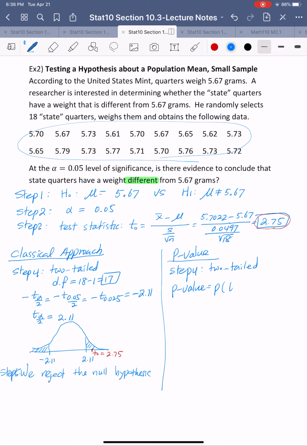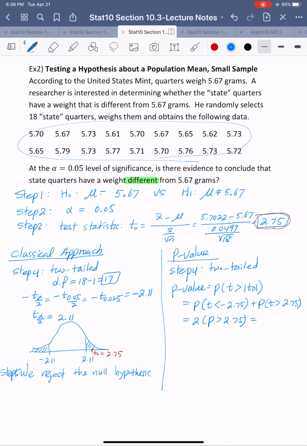So t is greater than the value of t sub 0, right? Which is the same as p of t is less than negative t sub 0, which is 2.75, plus t is greater than 2.75. So same as 2 times p of t greater than 2.75, and then use the degree of freedom as 17 with the closest value.